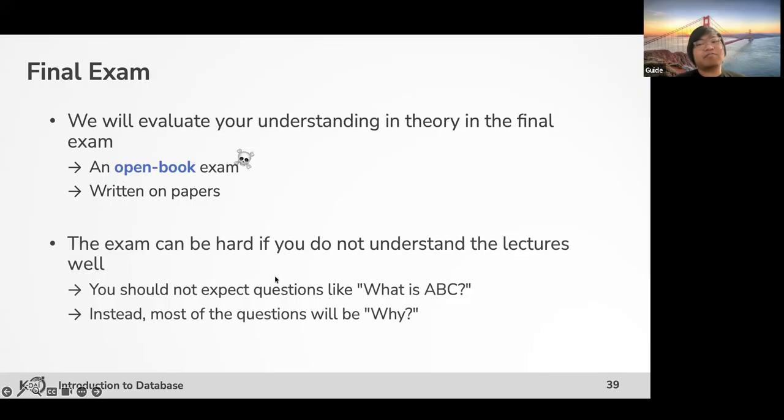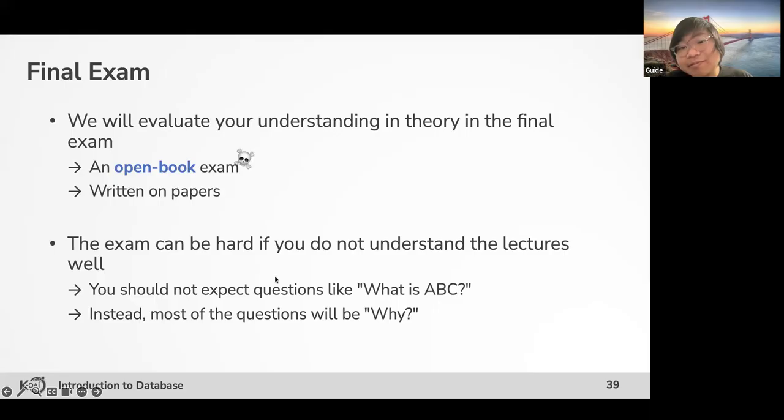As I tell you, it can be hard if you don't understand the lectures. Understanding and remembering things are two different things. Remembering is pretty easy, A, B, C, D, E, F, G. You just find a way to remember it, right? You may use a trick of singing a song to remember it.